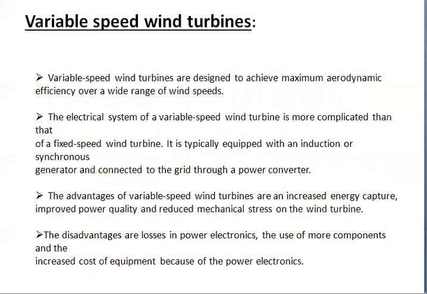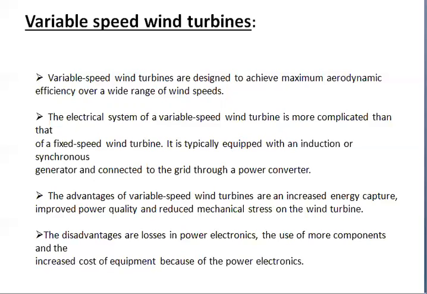The variable speed wind turbines are designed to achieve maximum aerodynamic efficiency over a wide range of wind speeds. With a variable speed operation it has become possible to continuously adapt the rotational speed.